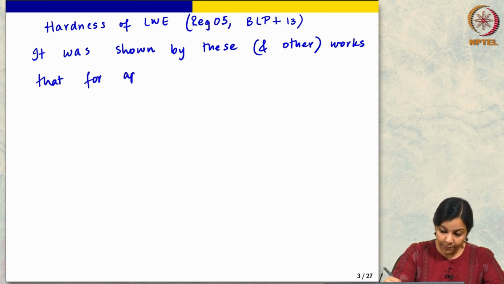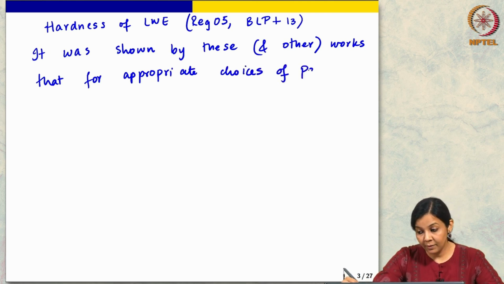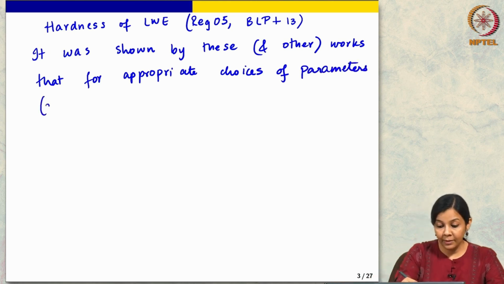that for appropriate choices of parameters. So, what are our parameters? You know this n, m, q and chi.